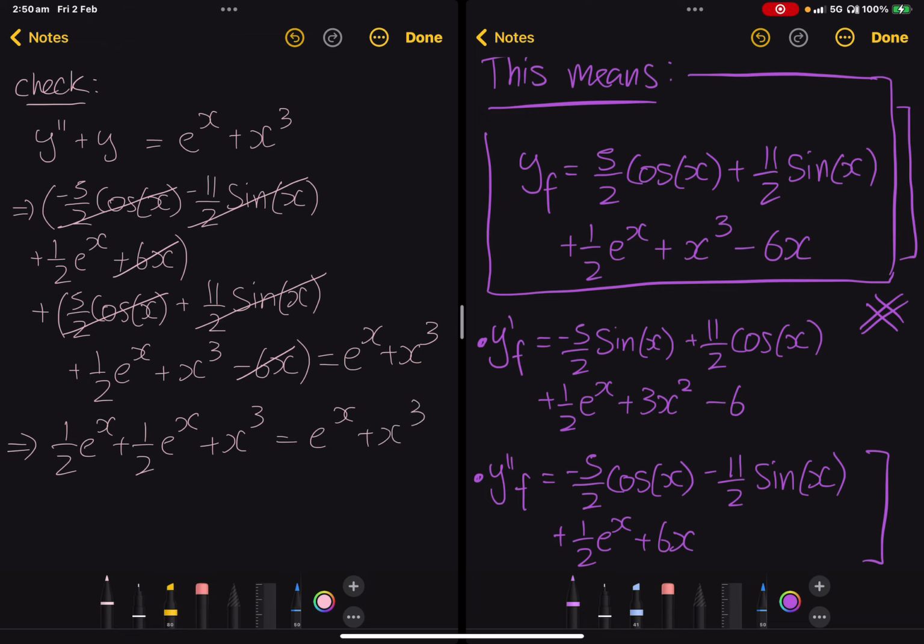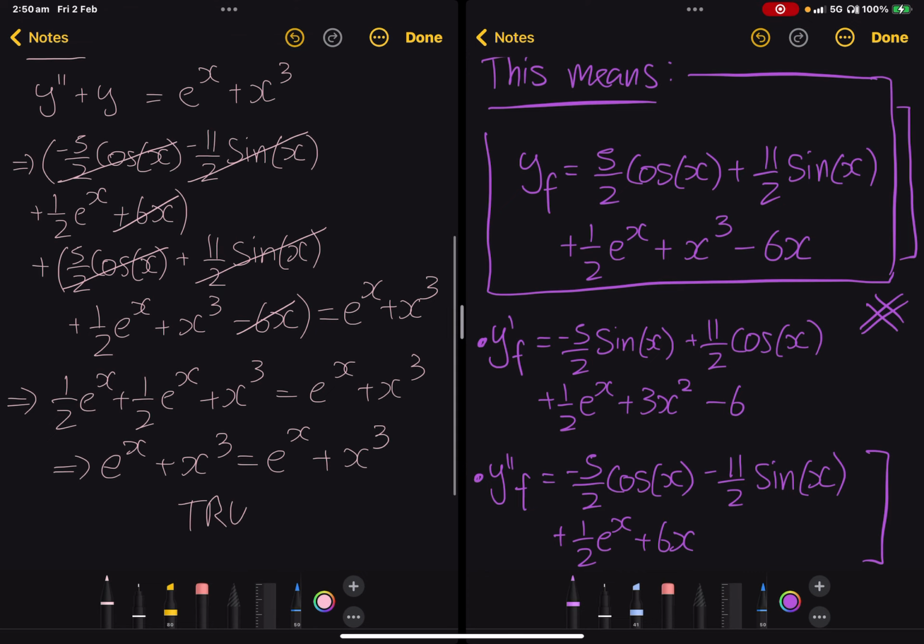Well, this is definitely equal. 1/2 e to the x plus 1/2 e to the x is e to the x. E to the x plus x cubed is equal to e to the x plus x cubed. And this is true. This is a fantastic result because this confirms that the full solution we calculated over here on the right-hand side of the screen is in fact the correct solution.